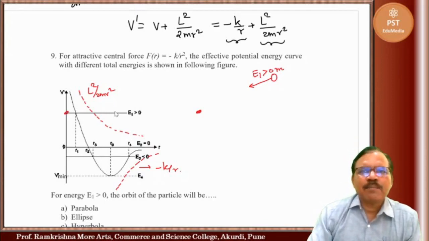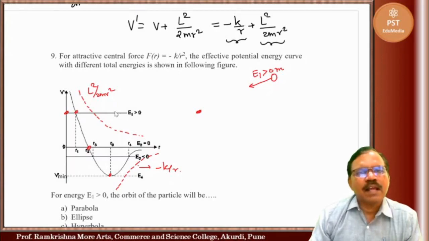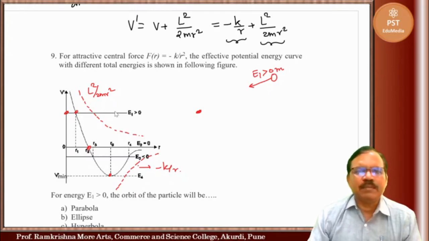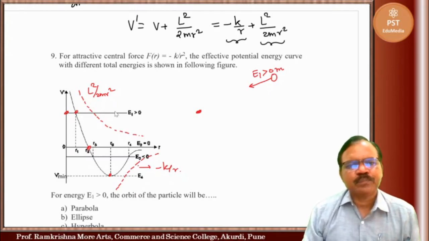If it approaches with energy E2 equal to 0, then we get this point. Now if the energy is negative but greater than the minimum of this effective potential and less than 0, that is E3, and E4 that is V minimum. So these are 4 possibilities.